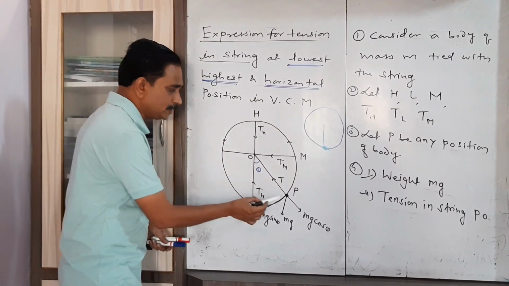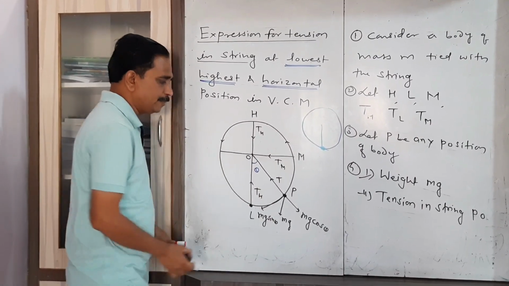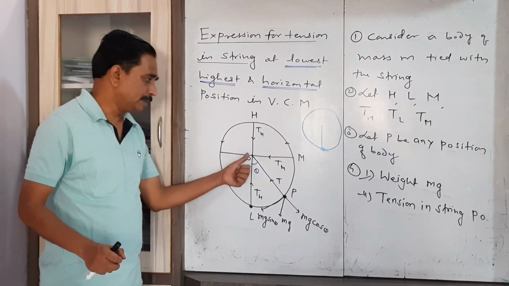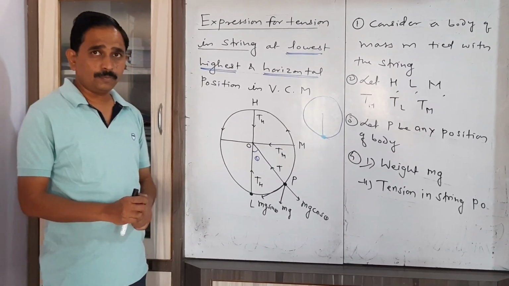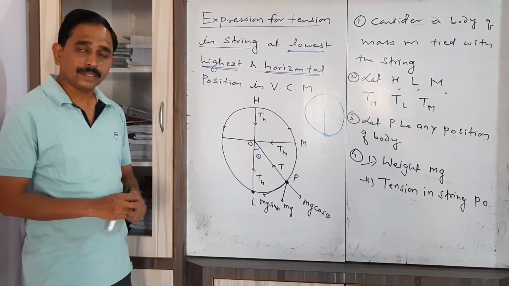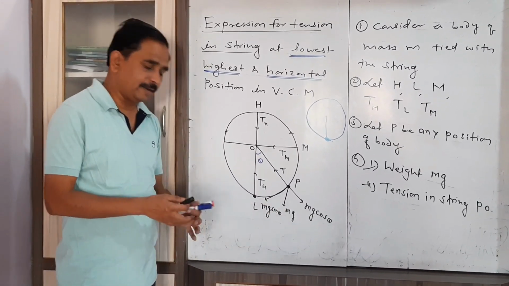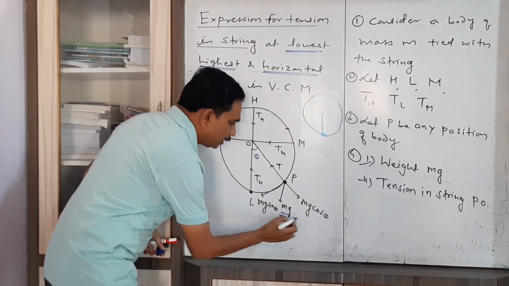Now in the figure it is very clear that the body is at an inclined position. It is neither exactly in the vertical position nor in the horizontal position. It makes some angle with the vertical. That's why this weight is divided into two components.